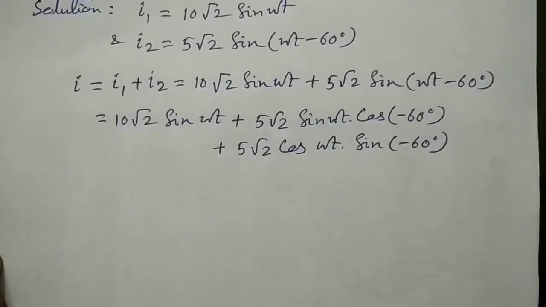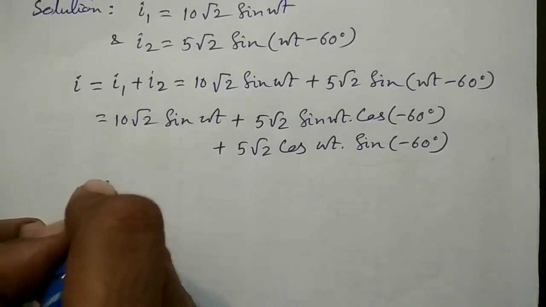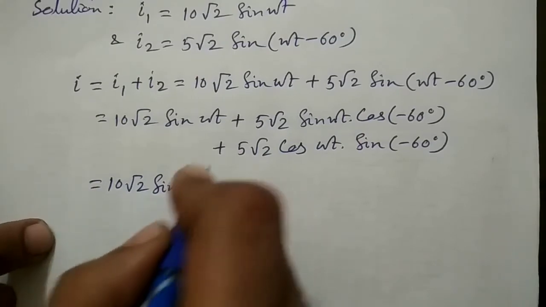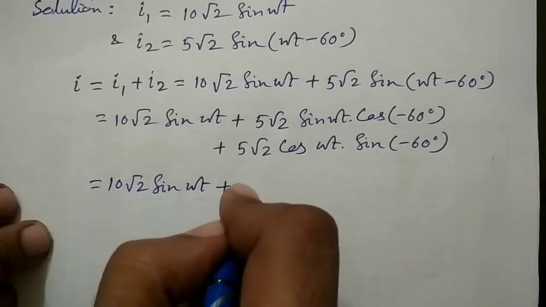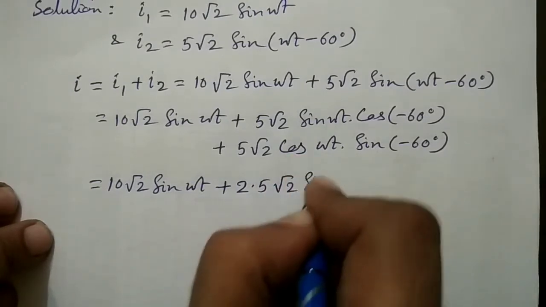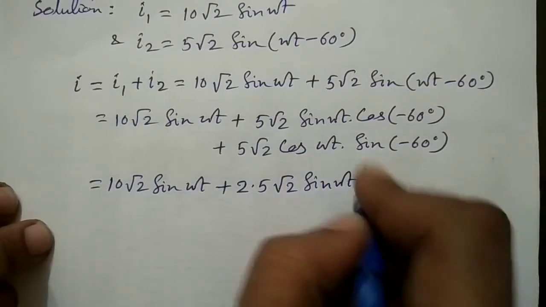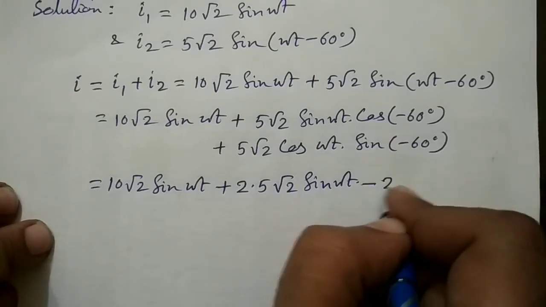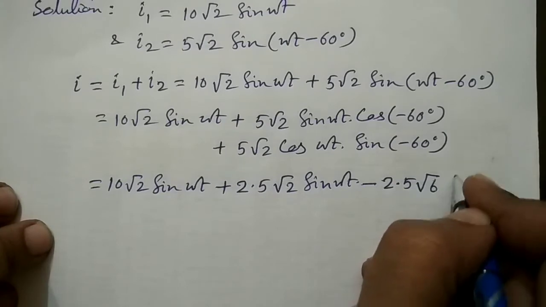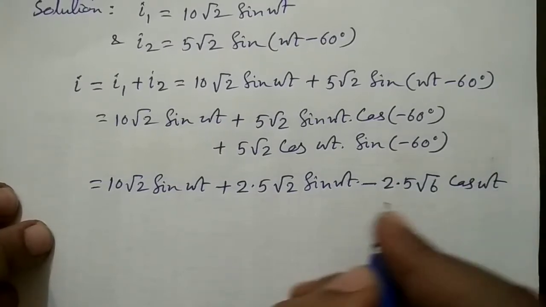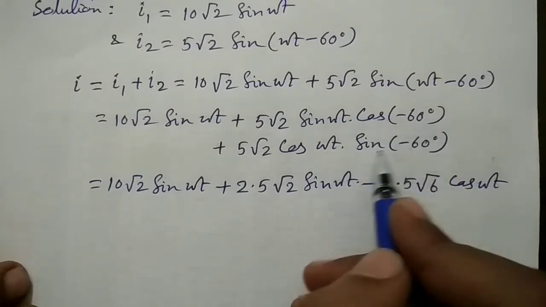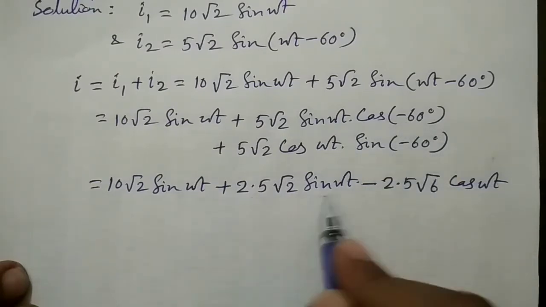In the next step, it will be 10 root 2 sin omega t plus 2.5 root 2 sin omega t minus 2.5 root 6 cos omega t. Here we put the values of cos minus 60 degrees and sin minus 60 degrees, so we get these values.